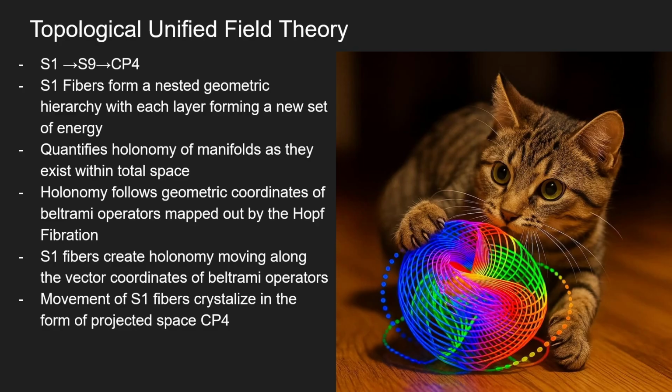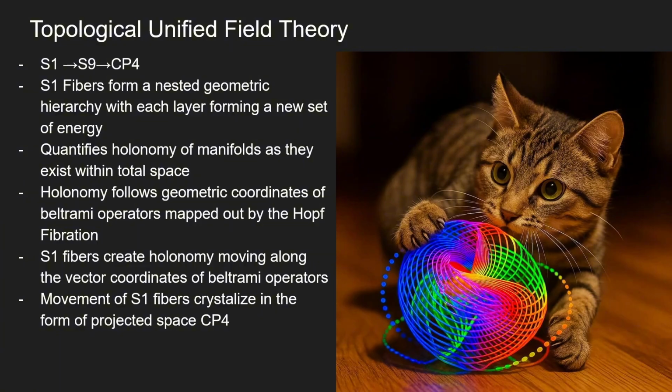And then from here, you have S9, which is the totality of all of these things. The S1 fibers are moved by the coordinates of the U1 phase, which is another variable. The U's just show how the S1 fibers move from S3 to S5 to S7 to S9.